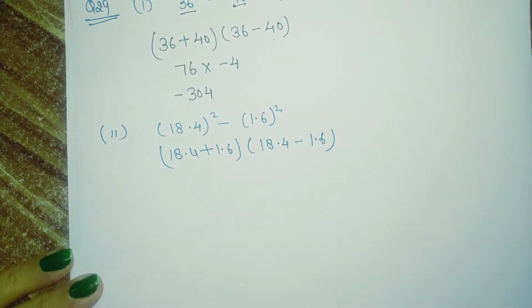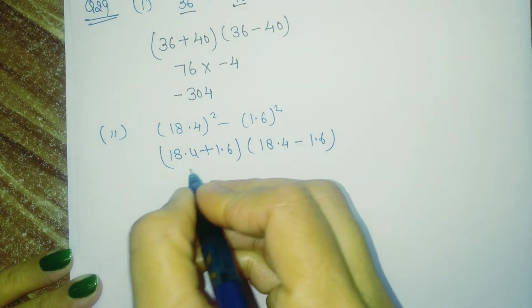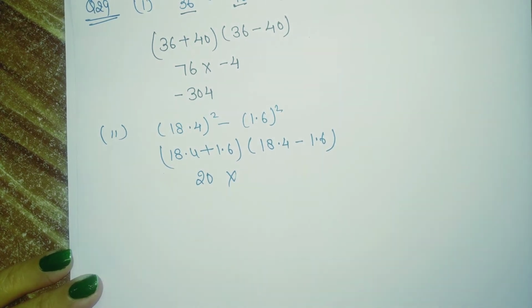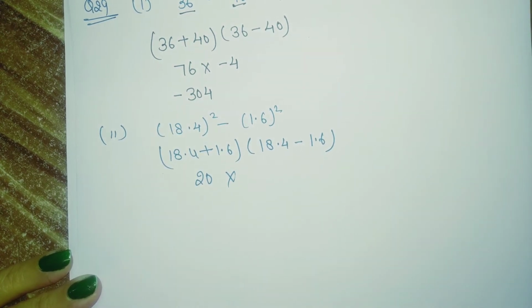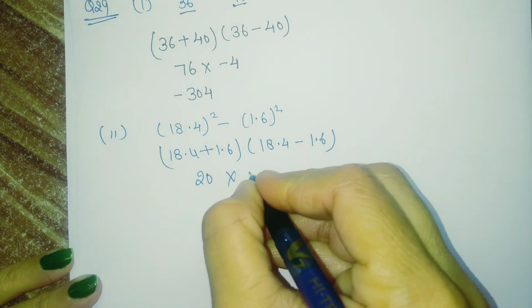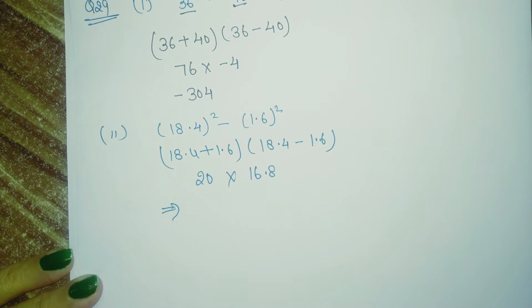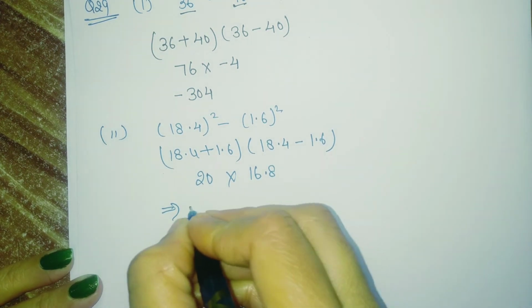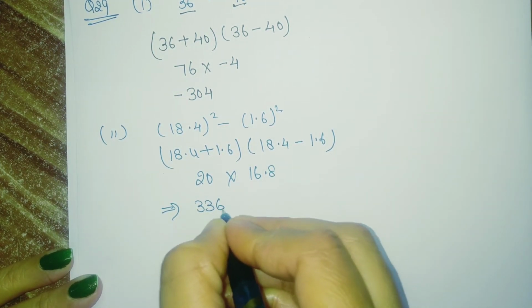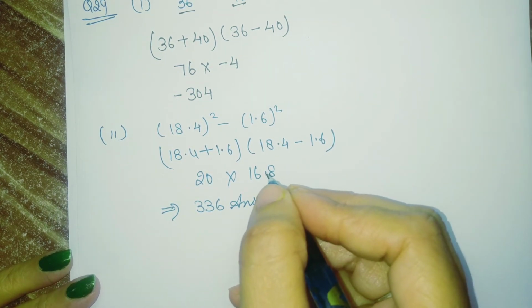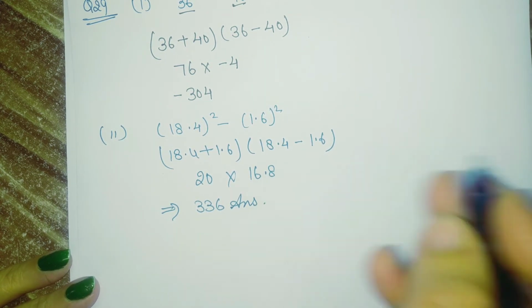So first of all 18.4 plus 1.6, its addition is 20, and 18.4 minus 1.6, the subtraction is 16.8, and now the product of these two is 336. Now we have solved this one, we get the final answer. So like this, part 3 is also the same kind of question.